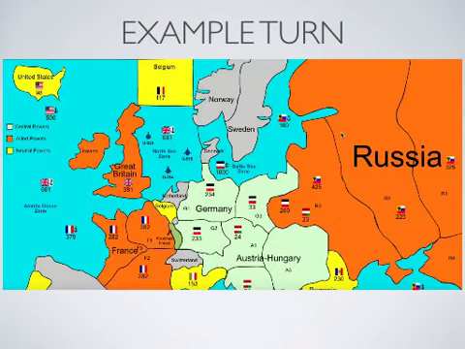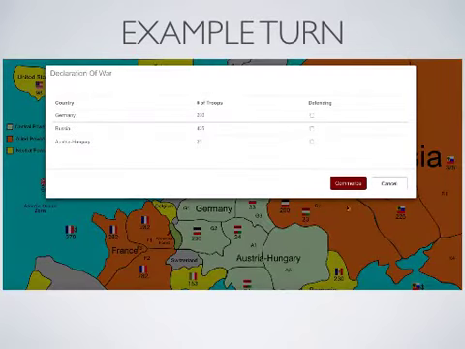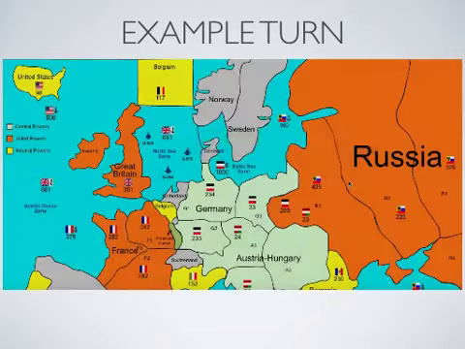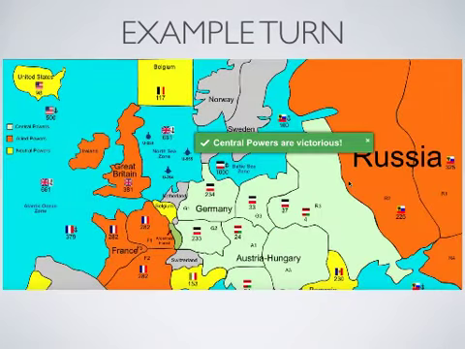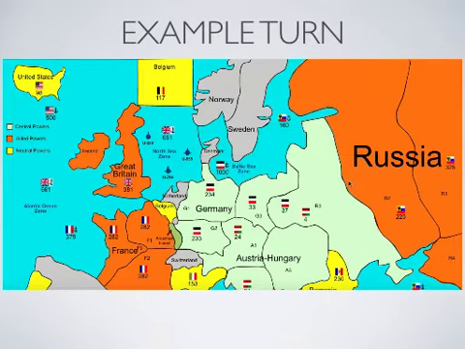And we've got 200 German, 23 Austro-Hungarians, and 425 Russian troops. So now the battle's ready to begin. Russia is the defenders. So we start the battle, and the Central Powers are victorious. As you can see now, the territory turns green to represent its Central Powers territory.